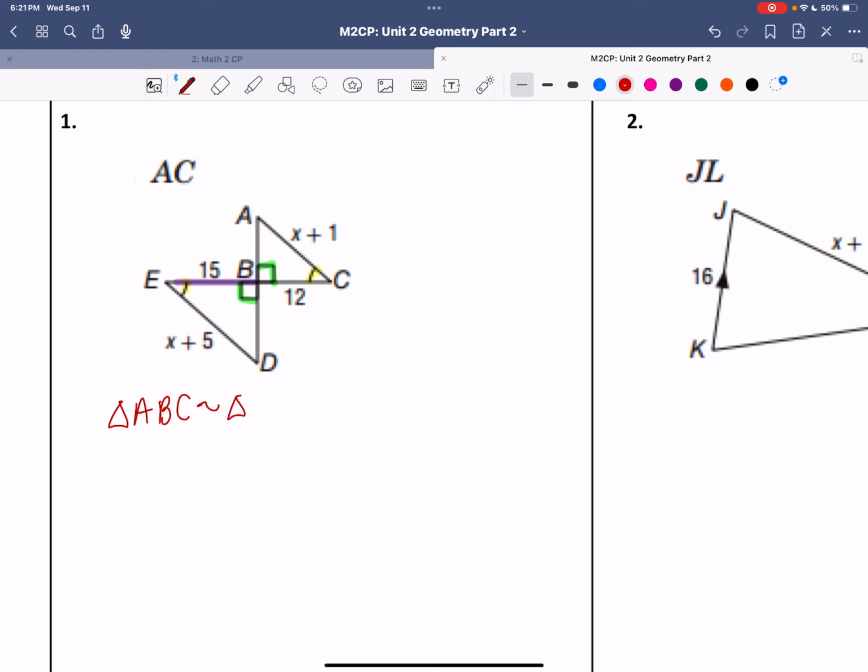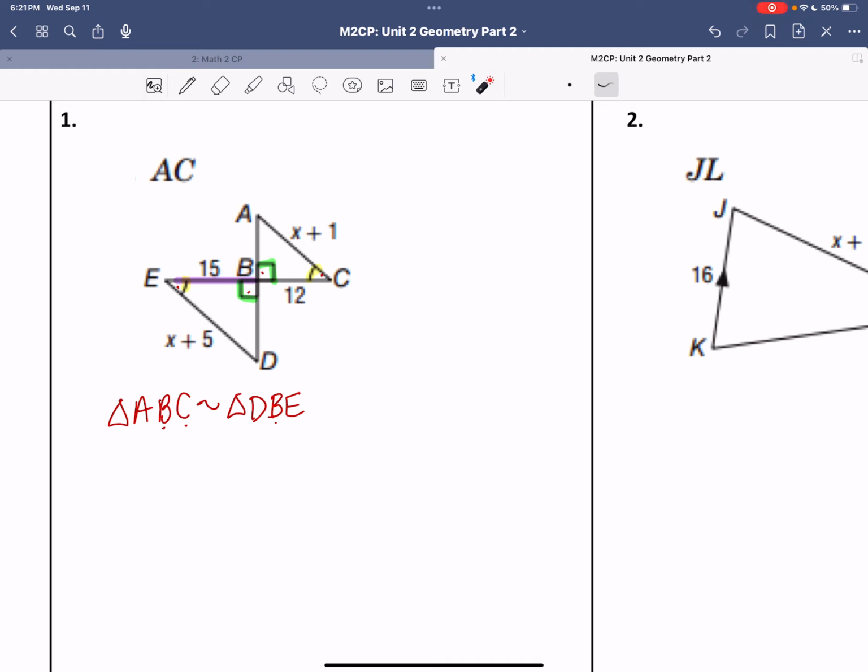I know C and E are congruent, so since I wrote C here, I need to write E third. And I know B is congruent, and since I put B here, I have to put B here. That leaves D and A congruent as far as the angles.